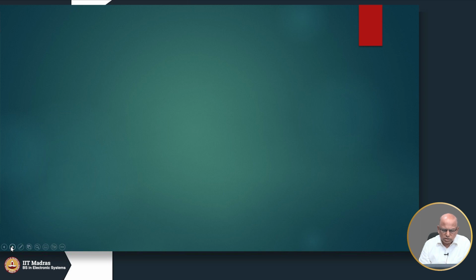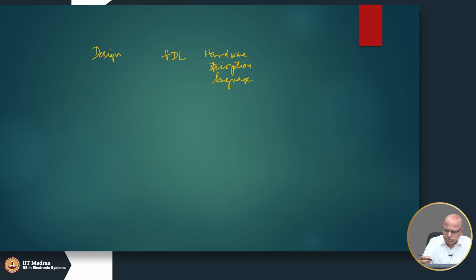So, when you are designing a digital circuit, nowadays it is common to use a high level language, a hardware description language, may be Verilog, VHDL and so on.